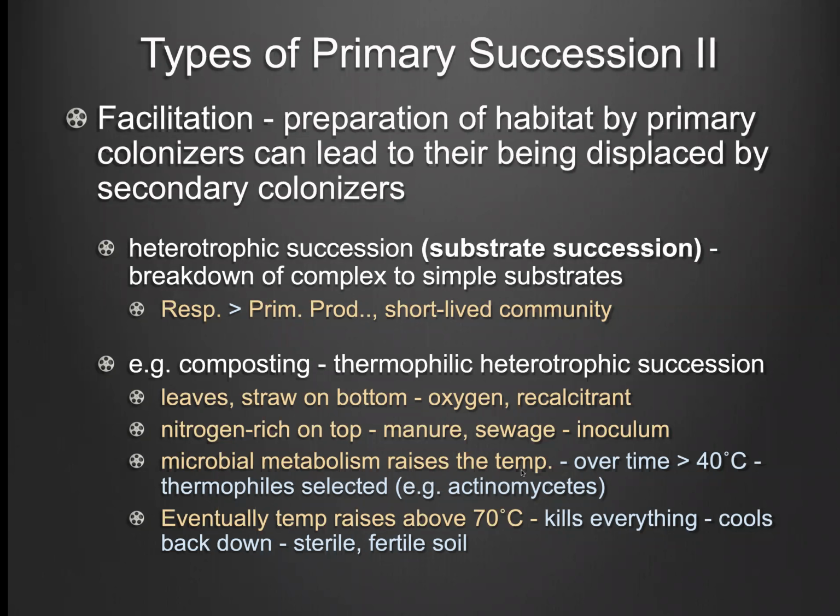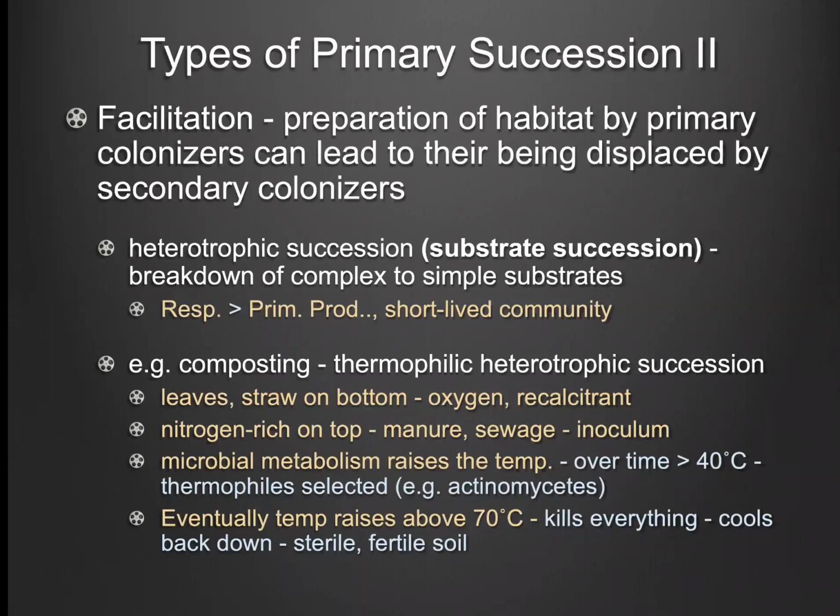In fact, many actinomycetes, which are common soil microbes, are gram-positive spore formers, right? So you end up with them surviving and doing very well. So it's not completely without any danger at all, but it's pretty good.